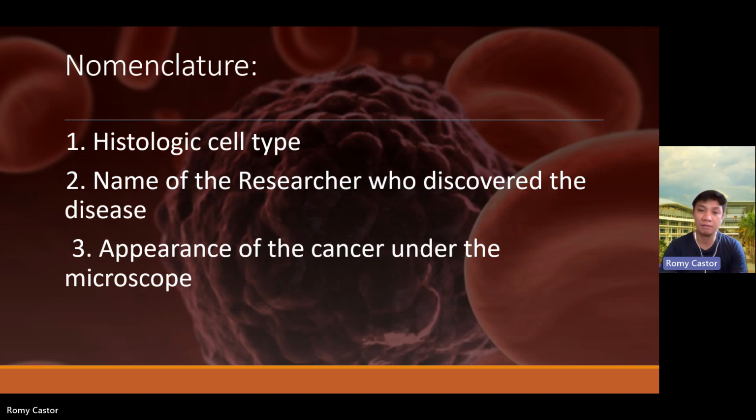The second one, some tumor antigens or tumors are also given a name based on the one who discovered them. And third, the tissue changes, such as the damage or the infiltration that happens within the tissues as examined under the microscope. You can visualize this during the histopathologic technique.